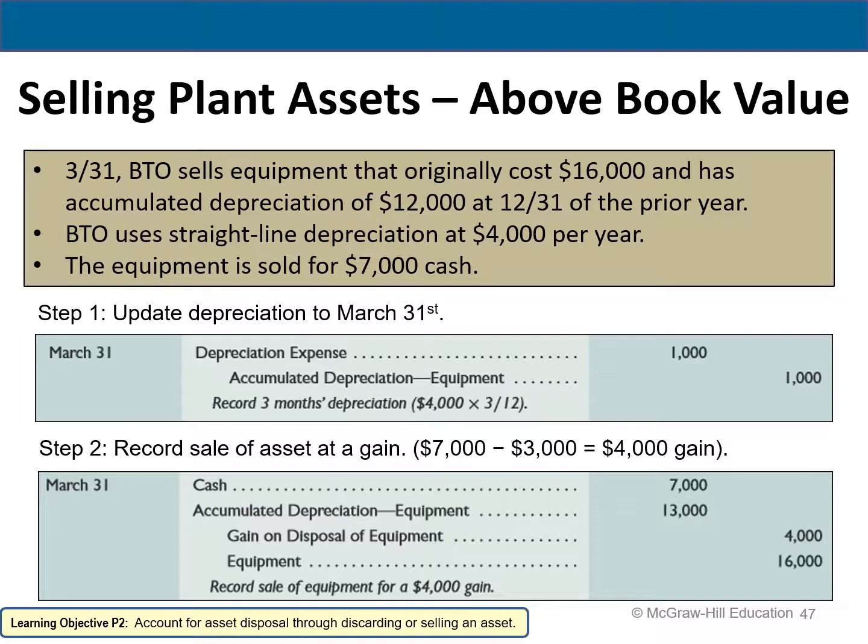Our cost of our equipment is $16,000, so we need to remove the equipment from our books with a credit of $16,000. And so we have $20,000 in debits. We currently have $16,000 in credits with the removal of the equipment. So we need $4,000 as a plug, right, to our gain on sale of equipment so that our debits equal our credits. Okay?